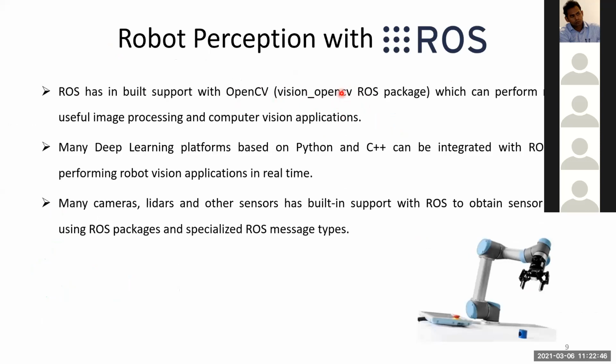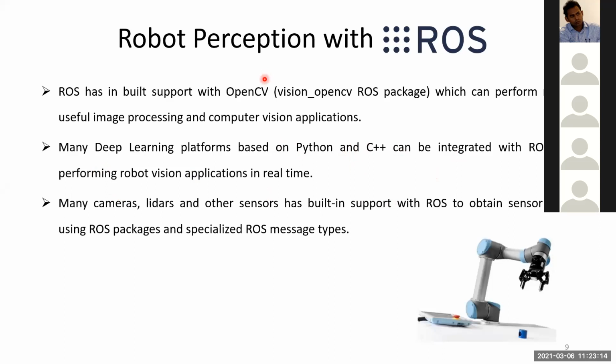The deep learning platforms that I talked about, TensorFlow, Keras, and PyTorch are built on Python, and Caffe is a C++ based deep learning framework. ROS has support with Python and C++, so we can easily integrate these deep learning frameworks with ROS and perform robot vision applications in real time.